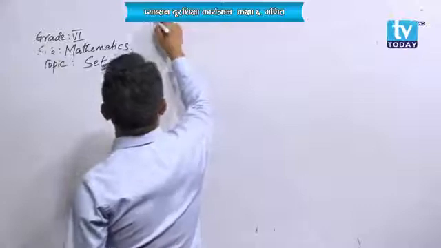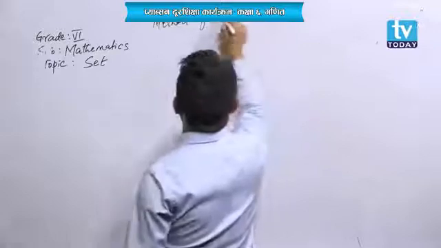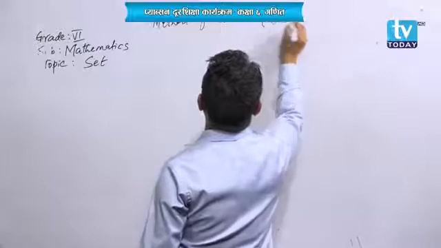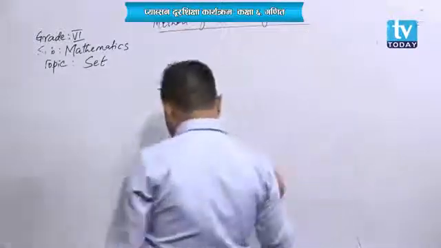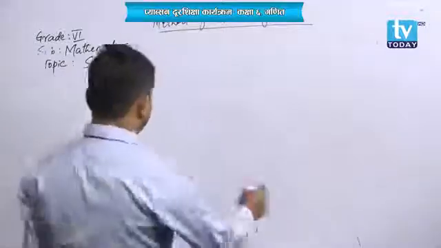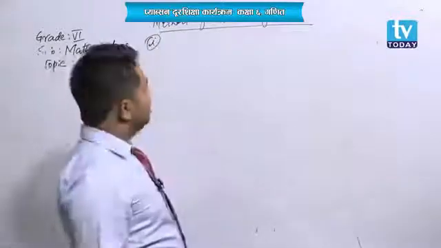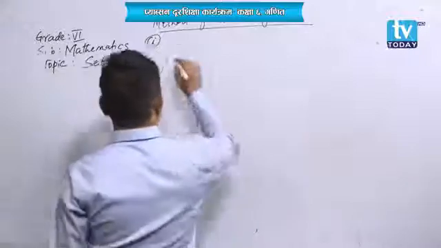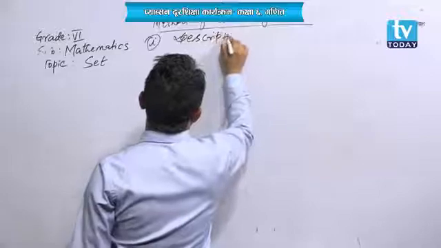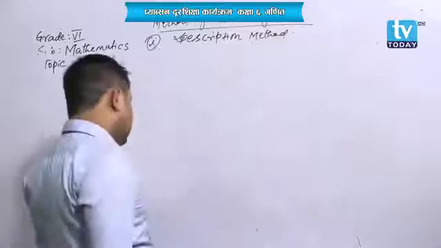Now, methods of describing a set. There are different ways for the representation of a set. There are different types of methods, and let me discuss all these methods in detail. Number 1 is the description method.